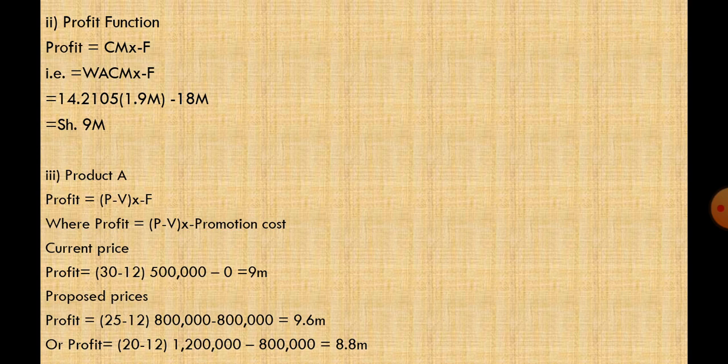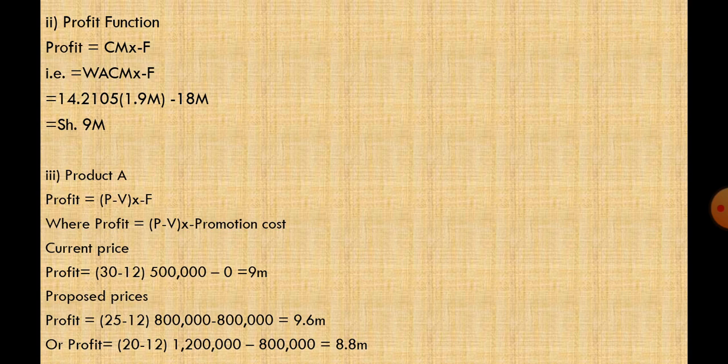So in comparison with what you have currently and with the changes of prices, we can be able to advise the management by taking the point that the one that gives us higher profit should be adopted. You find that at shillings 25, the profit increases by 600,000. But at the price of 20, the profit declines.